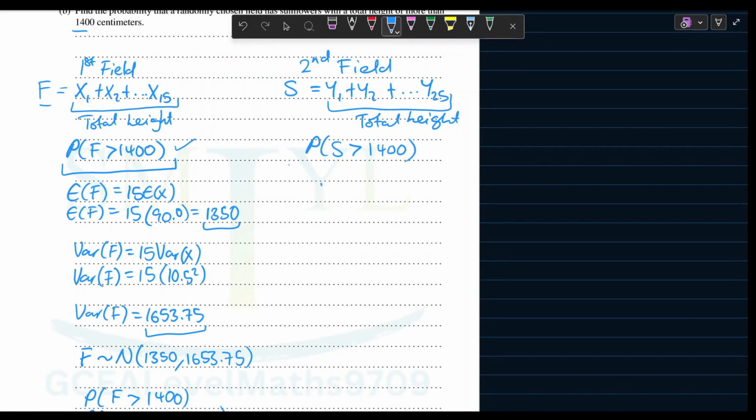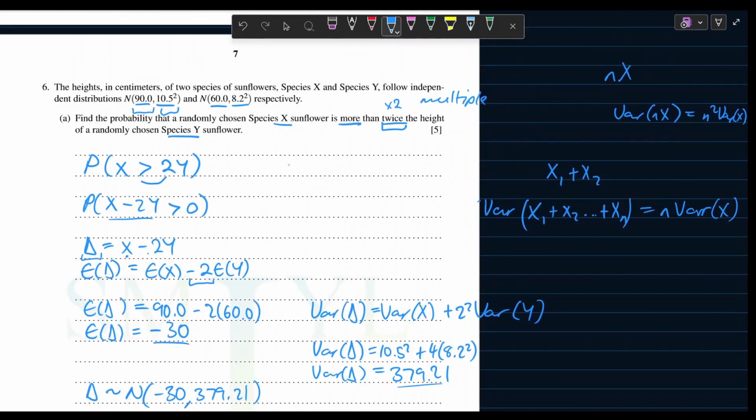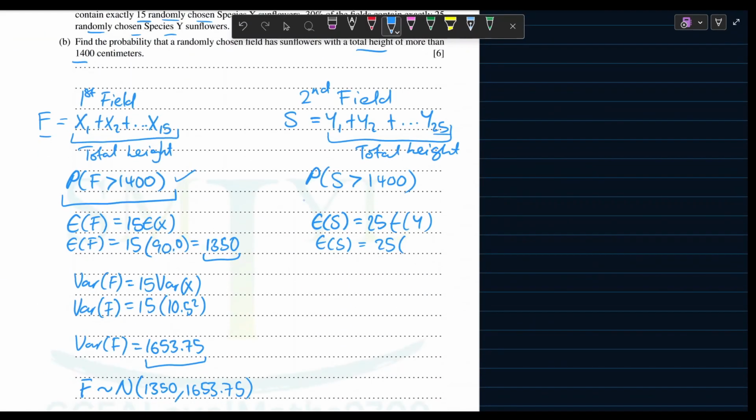So for starters, we need to find the expectation of S. We've got 25 of these species Y flowers, so 25 times the expectation of Y. Expectation of Y is our 60.0. So 25 times 60 gives us 1500.